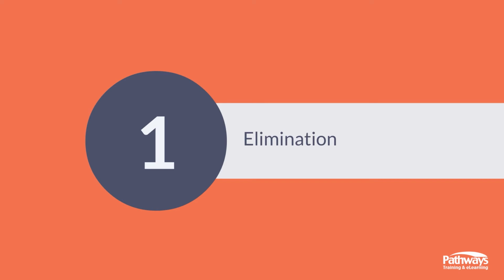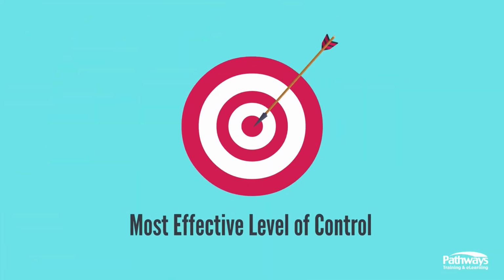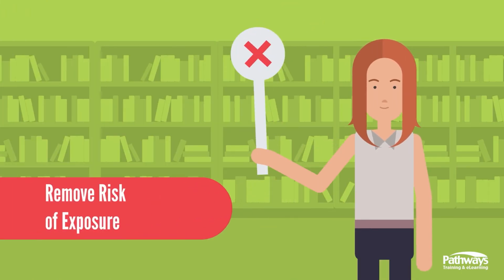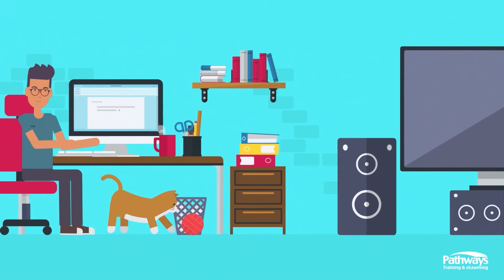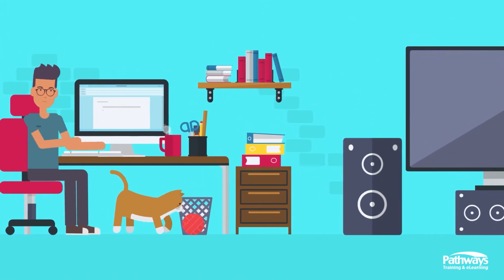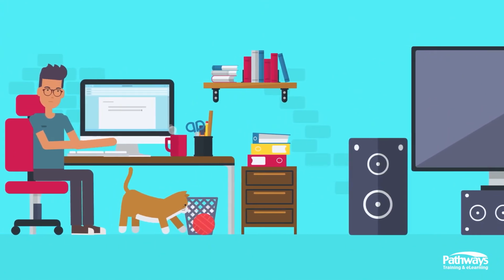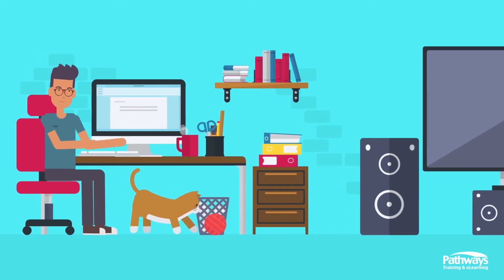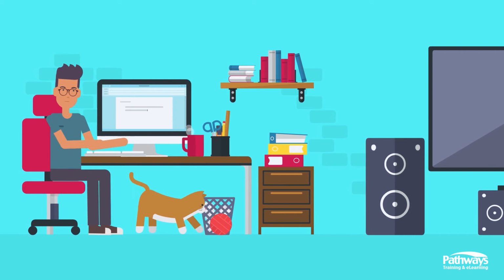These are: first, elimination. This is considered to be the most effective level of control, and it relates to completely removing the risk of exposure to the hazard. In the case of the novel coronavirus, remote work would eliminate the risk of spreading the disease in the workplace, since employees wouldn't be in close contact with anyone other than their social circle.